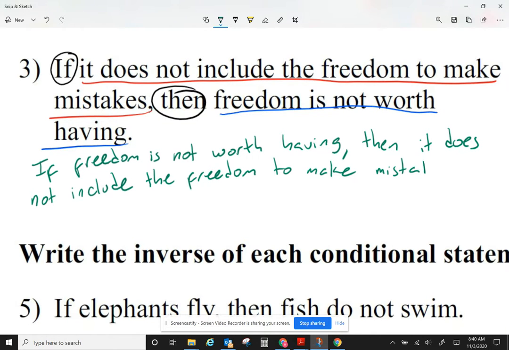Notice how the hypothesis became the conclusion and the conclusion became the hypothesis. That's what a converse is. Keep it with the same wording. Don't forget the period at the end of your sentence.